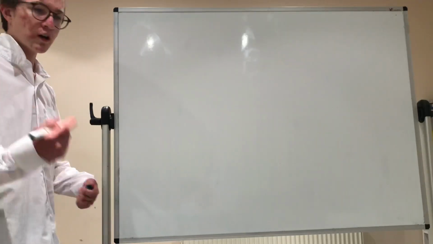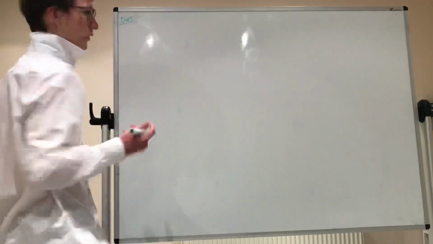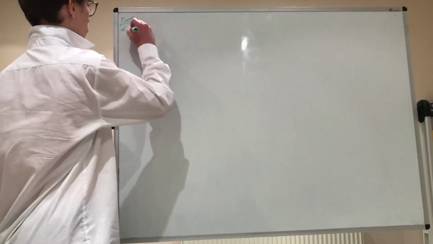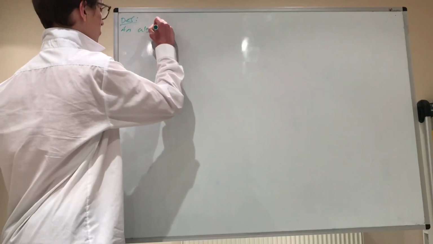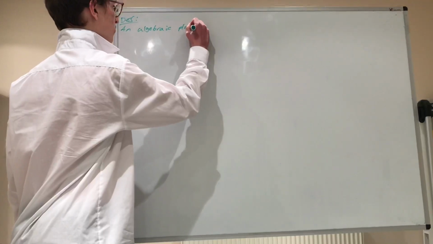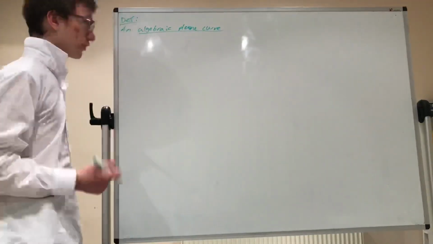So, an algebraic plane curve. The first thing that we want to look at, and one of the main things we'll be studying, is the following. An algebraic plane curve: what is it?